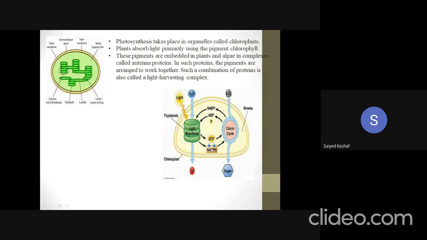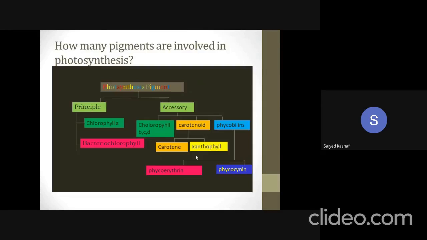This ATP and NADPH we are going to use in the Calvin cycle, a series of reactions by which sugar molecules are formed. Another phenomenon of the light reaction is the formation of O2.